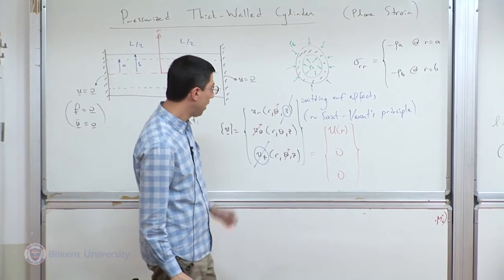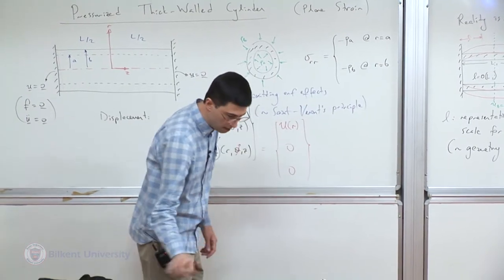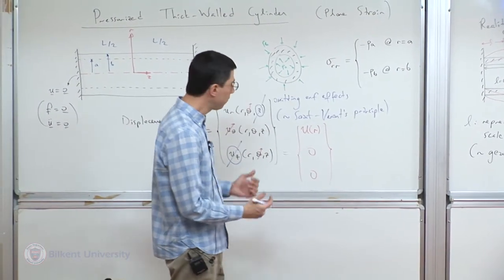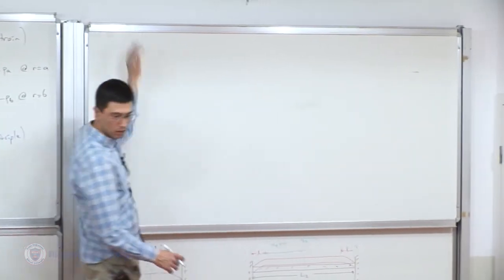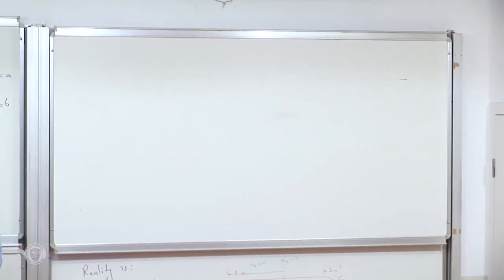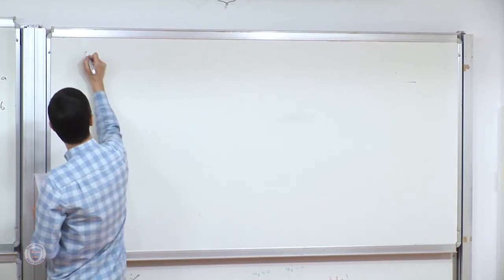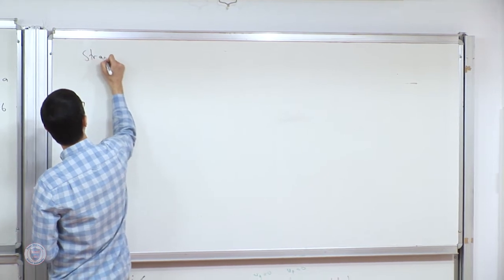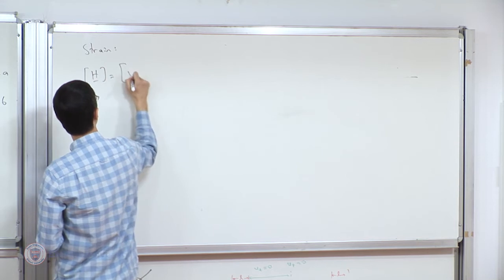So now that those remarks are away, let's go back to the essence, and we're going to solve. Now, the solution will look remarkably similar to what we've already done. So let's proceed. We have the displacement field. The next step in our solution diagram is always the strain, which starts with the displacement gradient.